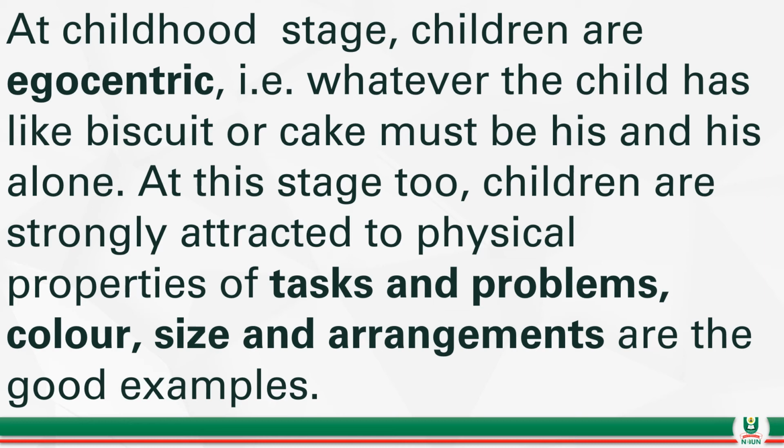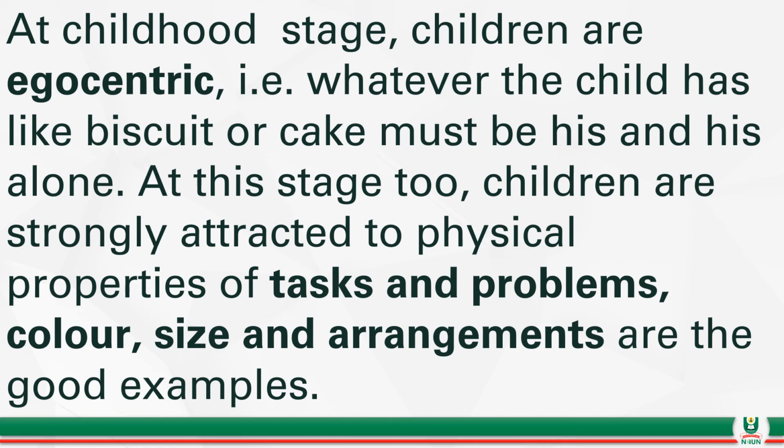They like to play with colors. They like to paint. They like to make use of crayons in their workbooks. And they like to write, whether it is okay or not, whether what they are writing is meaningful or not. They want to collect your biro from you and use it to write anything they feel like writing in their books. That is because they are at the stage where they are attracted to physical property and then to tasks and problems as well.